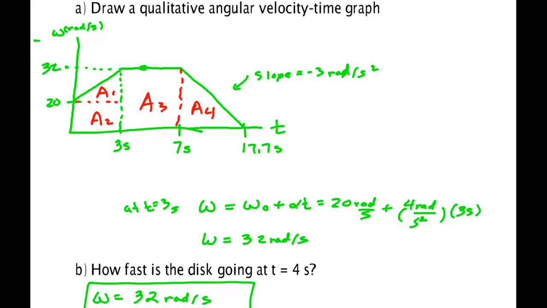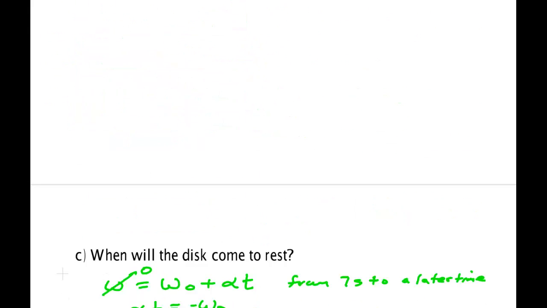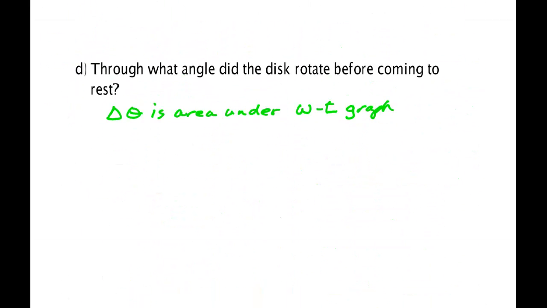So 32 minus 20, this is going to be 12 times 3 divided by 2. I can put that down there. So A1 is 1/2 times 12 rad per sec times 3 seconds. And that's 12 over 2 is 6. 6 times 3 is 18 radians. Seconds cancel.